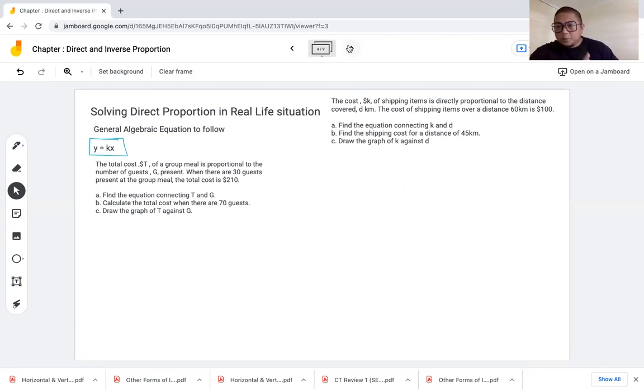However, in the word problem, not all the time will the variables automatically be y and x. So in these cases, you are going to see that some variables will give us a different formation.